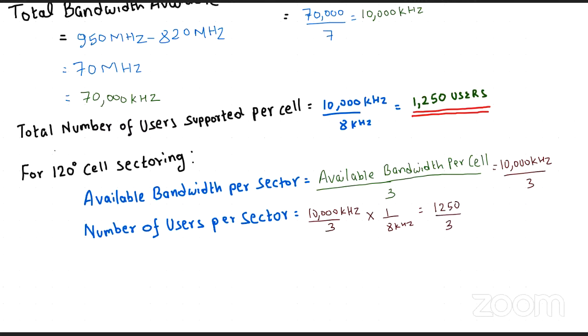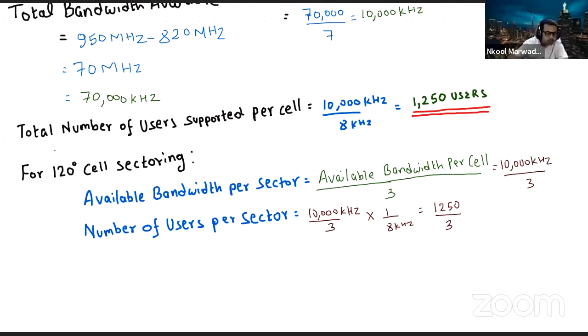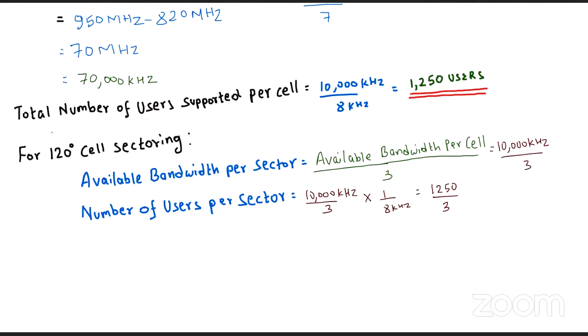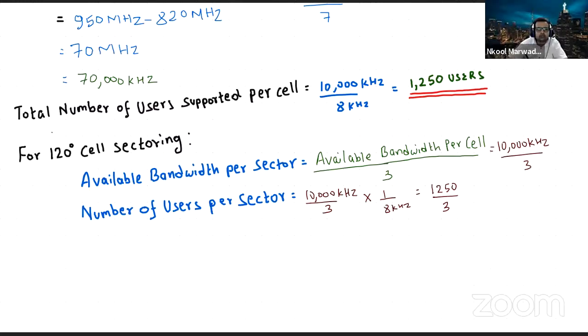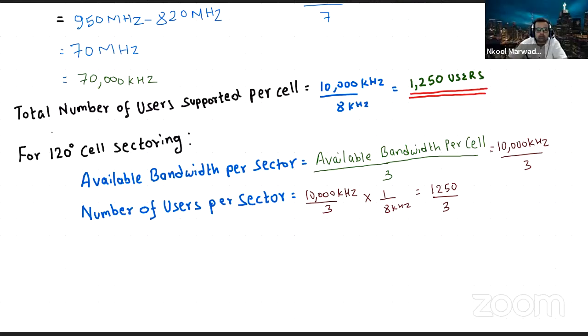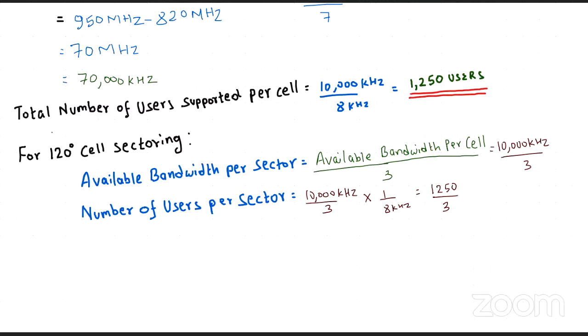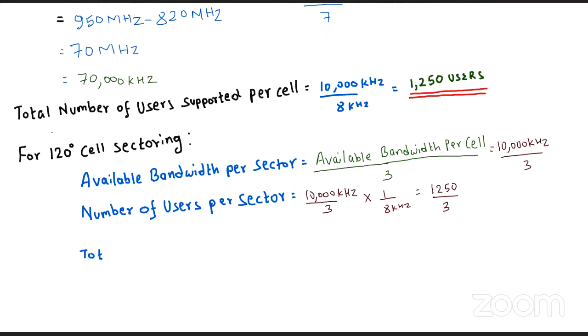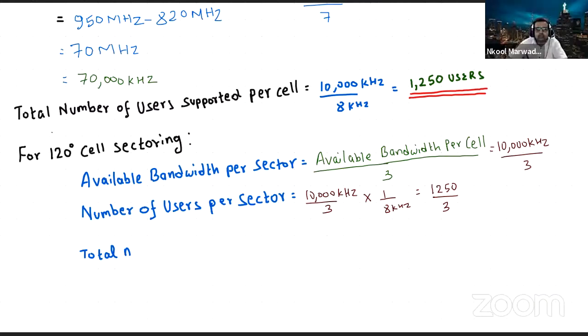But in the question they are asking for the total number of users per cell. Per cell means into 3, right? So 1250 is the answer, the same as before, but we have to show this calculation for step marking. This is the right way.